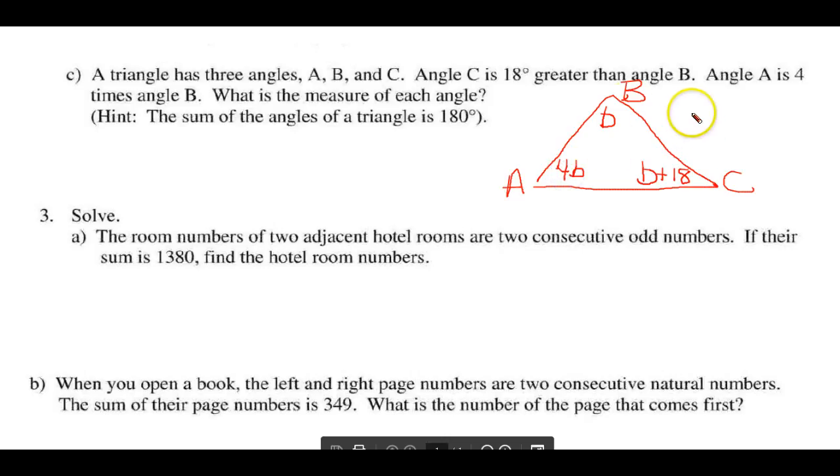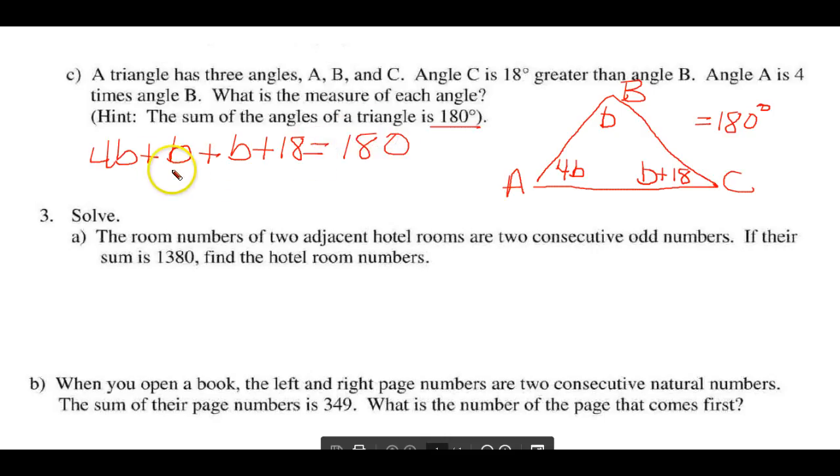And we know the angles of a triangle add up to 180. So in doing this, it will be angle A, 4B, plus angle B, which is B, plus angle C, which is B plus 18, and all of that equals 180.